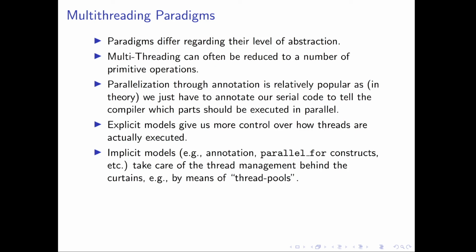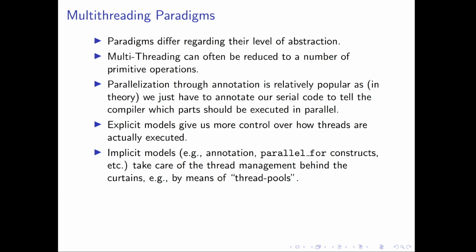So those paradigms differ a lot regarding their level of abstraction. And actually, parallelization through annotation is relatively popular, as we just have to take our serial code and then tell the compiler using annotation which parts should be executed in parallel.